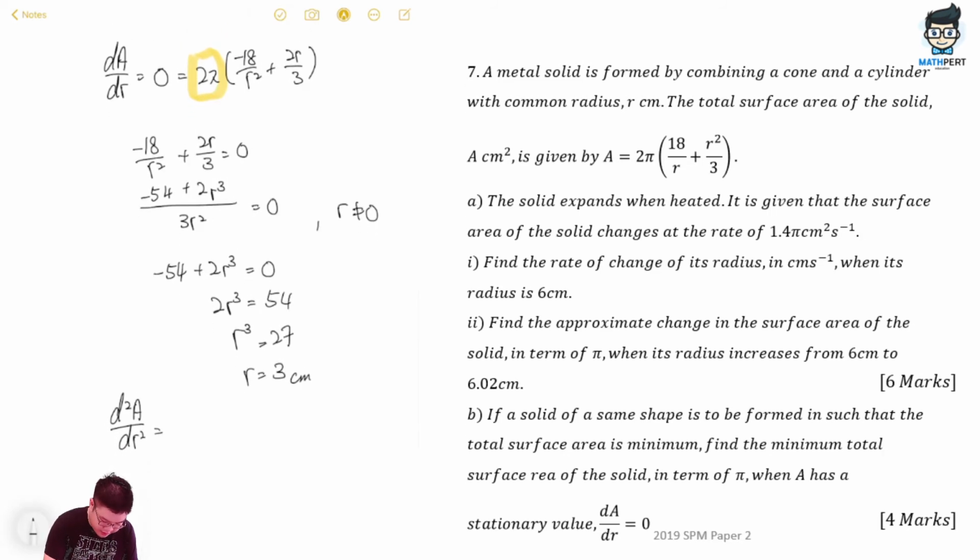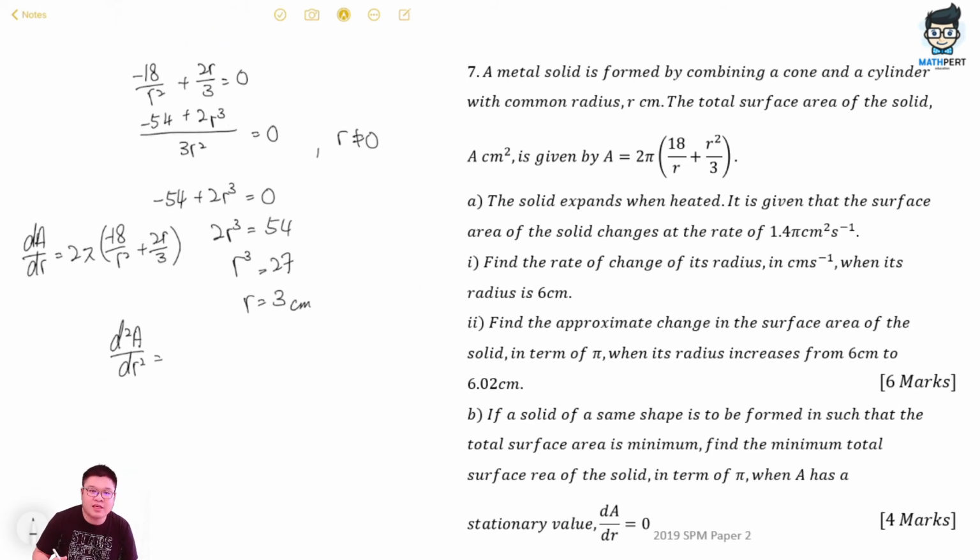Right? Let me write out dA over dr is equal to 2 pi minus 18 over r square plus 2r over 3. So if I differentiate dA over dr again, so what can I get? I'll get 2 pi, 18 multiplied 2, I'll get 36 over r cubed plus 2 over 3.